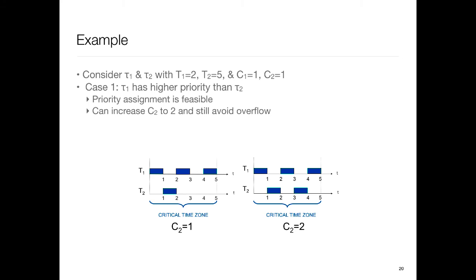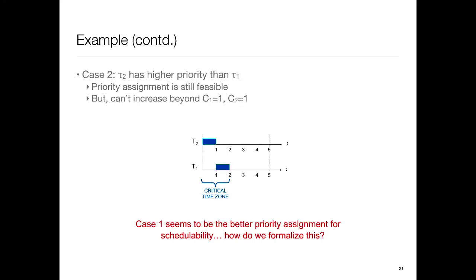If I turn things around and make task 2 the higher priority, then task 2 runs first, and task 1 will now get to run only at t equal to 1, and finishes at 2, just in time. So now I can no longer increase task 2 anymore, because if I increase the task 2 computation even by a tiny epsilon, then task 1 will miss its deadline.